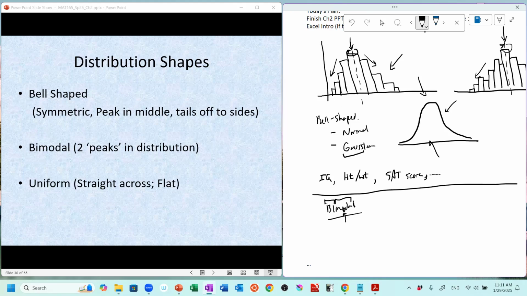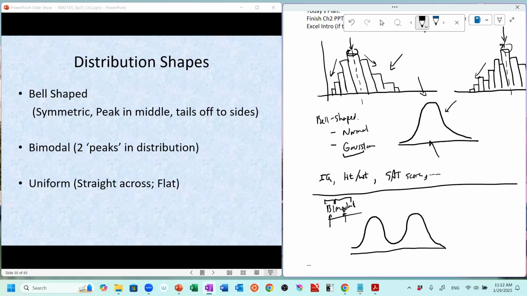So mode, there's kind of like the middle here, the thing that's most likely to happen. And there are two of them. A bimodal distribution has kind of two clear, well-defined peaks in the graph.